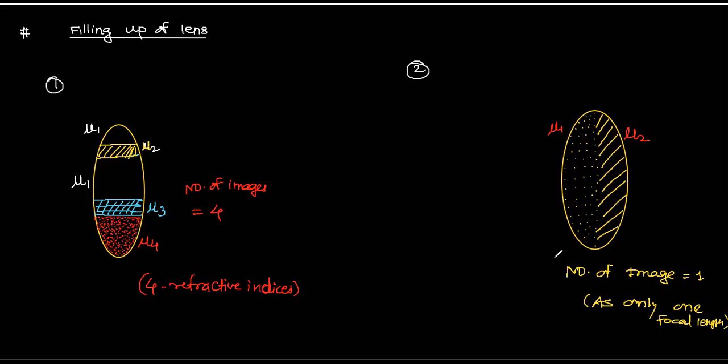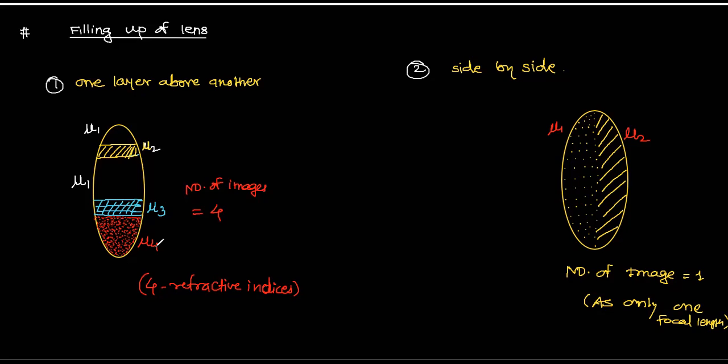In the first case, one layer above another, we have to see how many refractive indices, how many materials we have used for filling the lens. So if there are 3 refractive indices, then the number of images will be 3, when we have filled the layers one above the other.